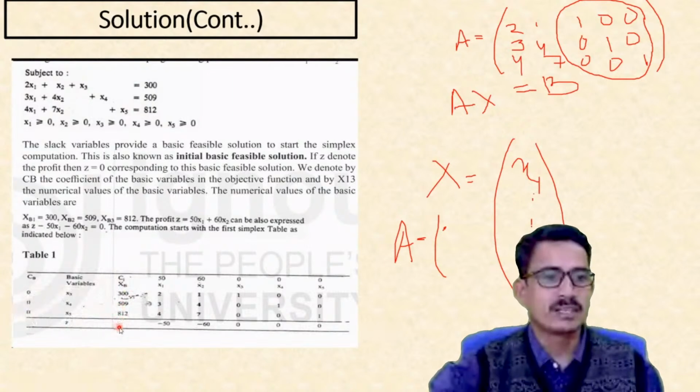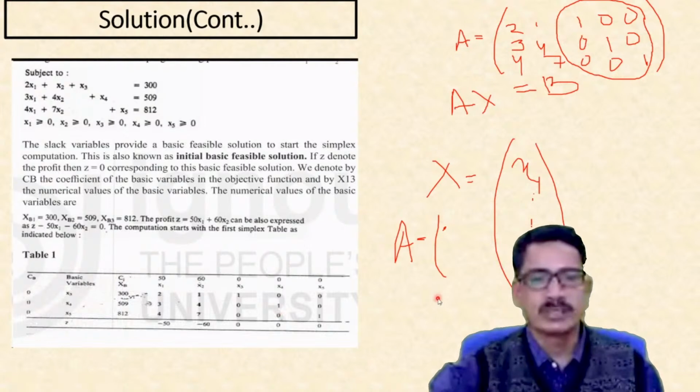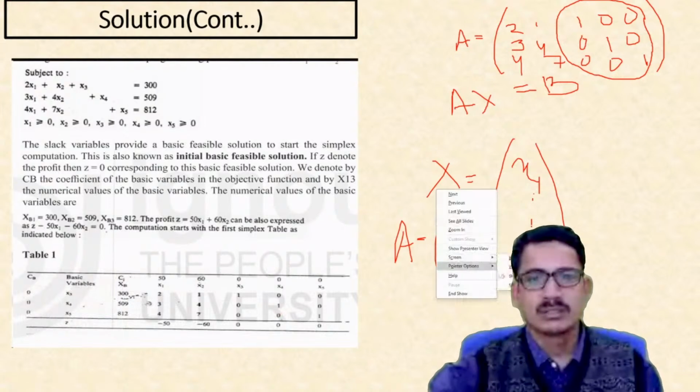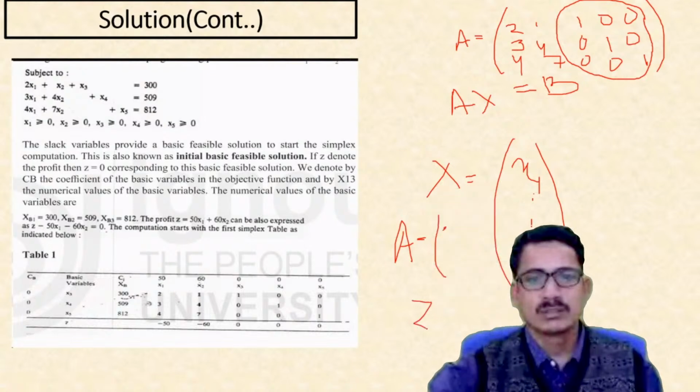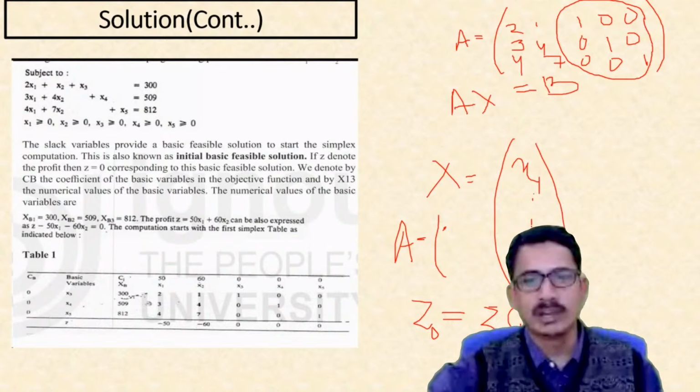So initially, Zo means not Z0, Zo means the optimum value of Z. How to get it? Summation CB into the XB column.